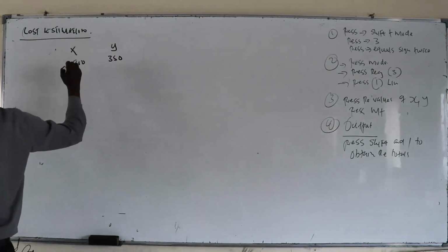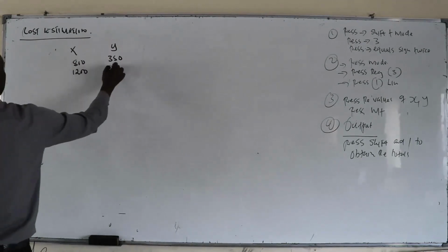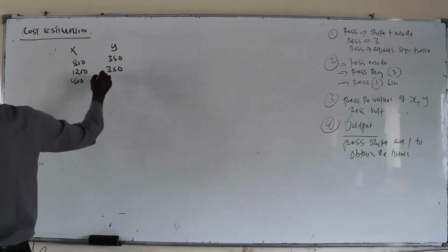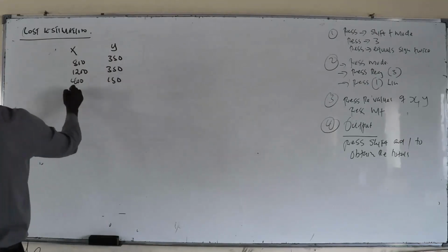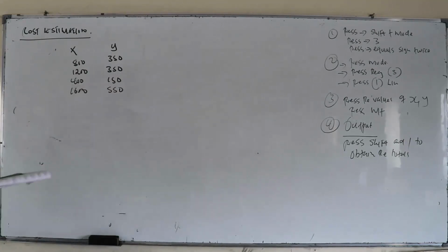Then we have 1,200 and 350. Then 400 and 150. And then 1,600 and 550. So we've been given the values of x and y, just as simple as that. Every time they want you to use that particular method. So now we want to use the simple regression method.